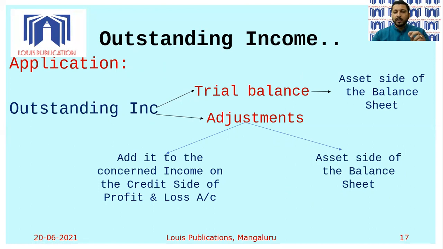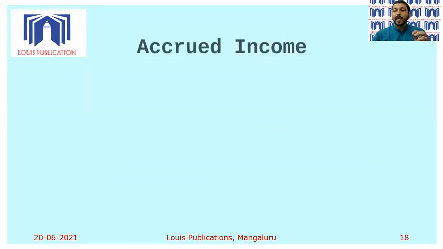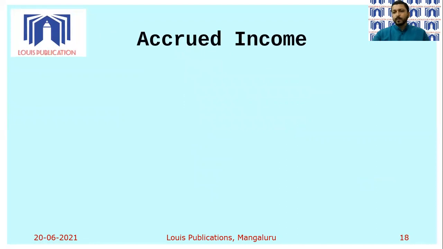Along with outstanding income, regularly we find a word called accrued income. Now, let me be very, very clear. This word accrued in the subject of accounts is more so misused. I can also go to the extent of saying abused.